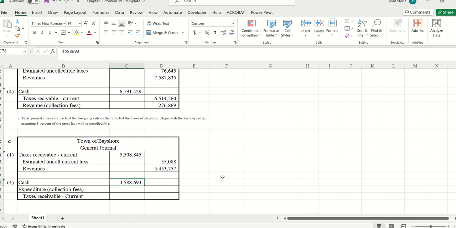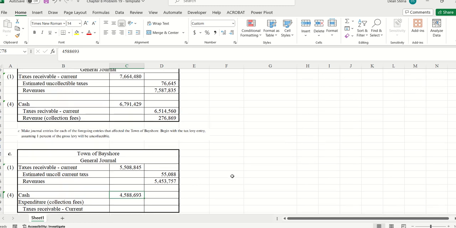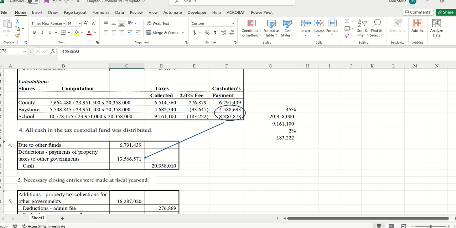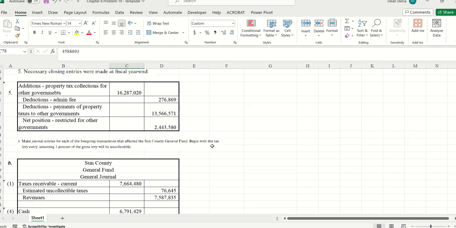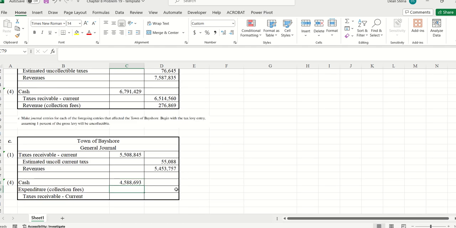Okay, and then we're going to deduct their collection fees, which was 93,647. So we go 93,647, and then our taxes receivable is credited for those amounts.